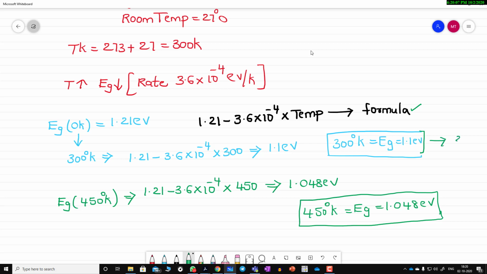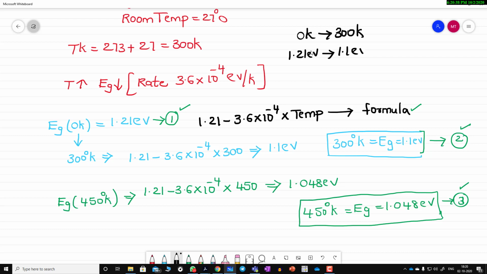Let us consider this as equation number 2, this as 3, and at 0 degree Kelvin it is 1.21, which we consider as 1. If we compare 1, 2 and 3, you can observe at 0 degree Kelvin it is 1.21, whereas when I increase the temperature from 0 Kelvin to 300 Kelvin, it got reduced to 1.1 electron volt.